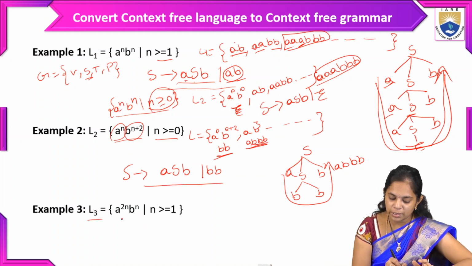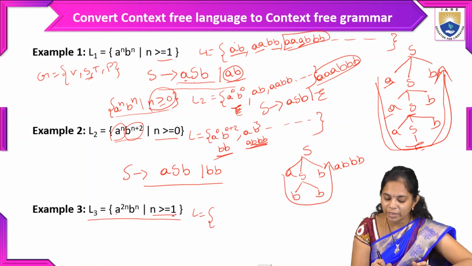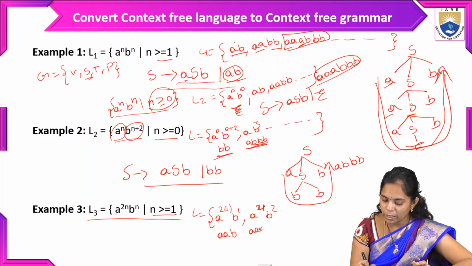And for this kind of example, first we will write the language. So a power 2n, b power n. The minimum value is n is equal to 1. So n is equal to 1, a power 2 and b power 1. And for n is equal to 2, a power 4 and b power 2, so 4 a's followed by 2 b's.